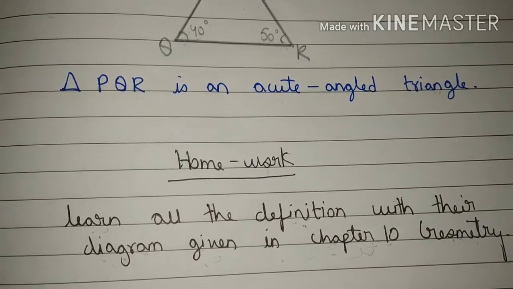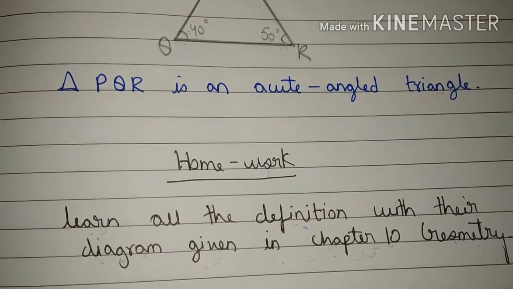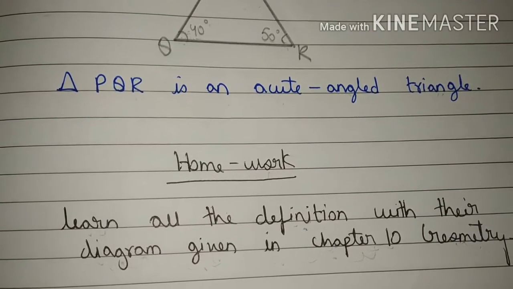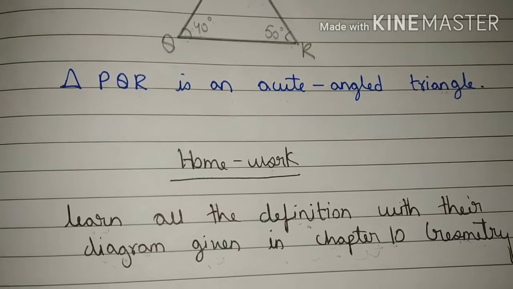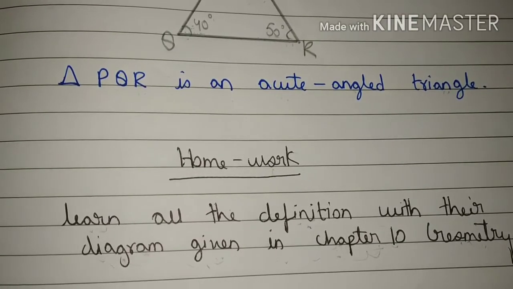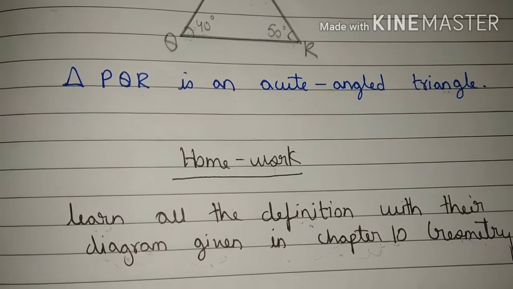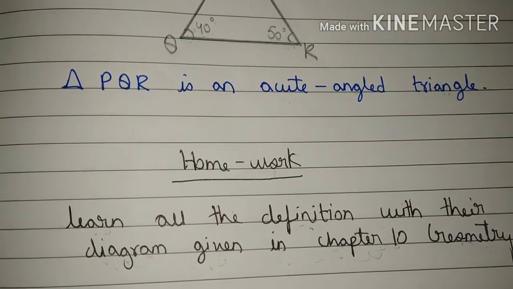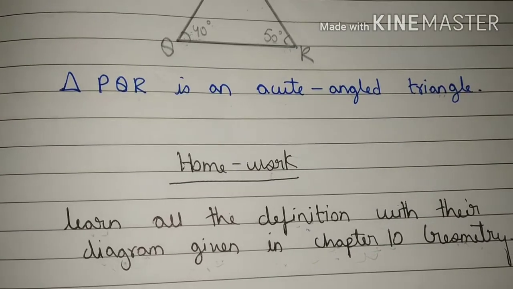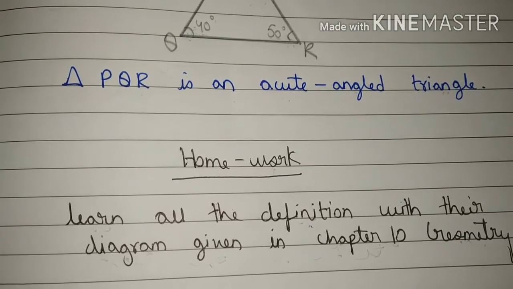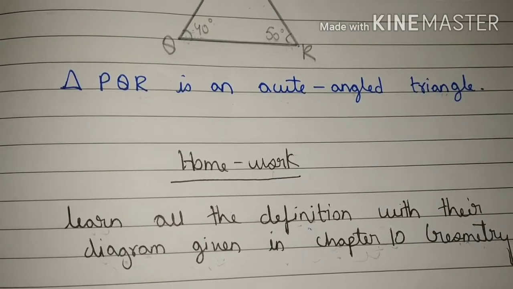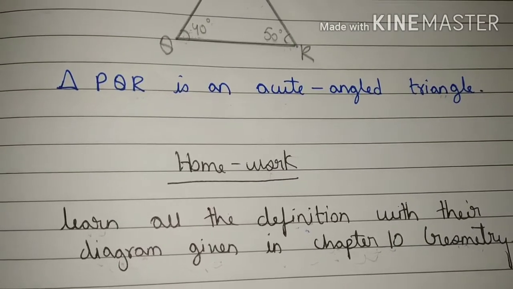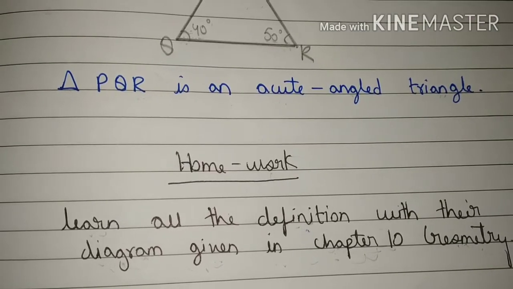It means you have to learn all the definition which I have taught you, like what is a plane, what is a ray, what is a line segment, what is a line, what is a point, what is the angle, what are the types of angle, what is a triangle, what are the types of triangle.